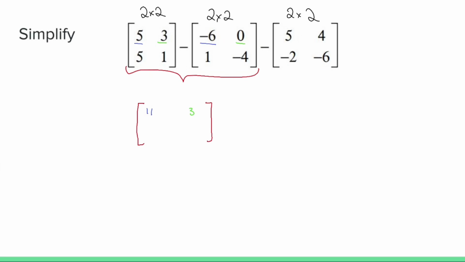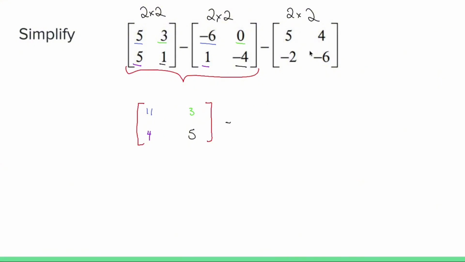Nothing to overthink there. 5 minus 1 is 4. And 1 minus negative 4 is 1 plus positive 4, which is 5. So these first two matrices become 11, 3, 4, and 5.